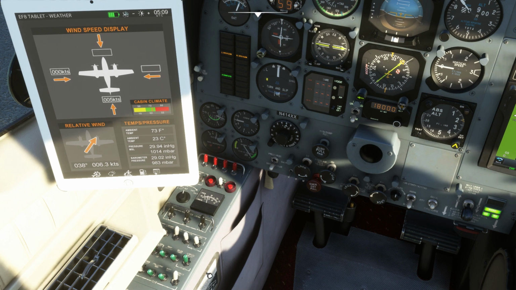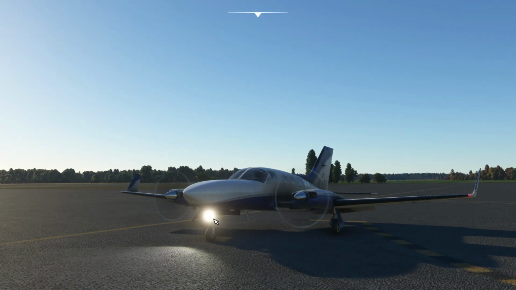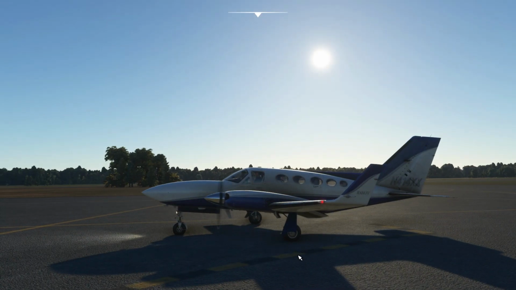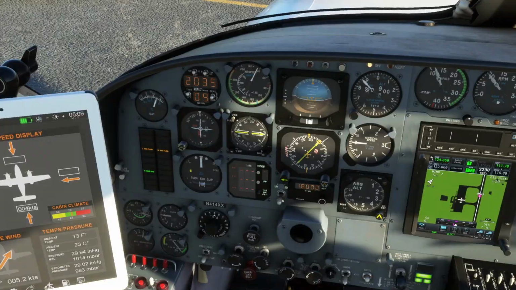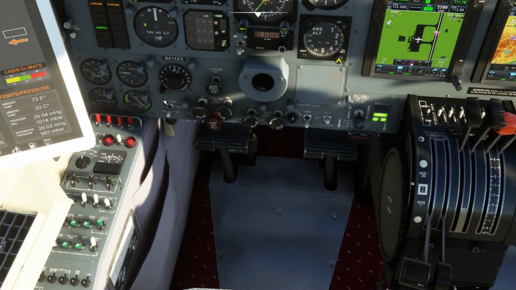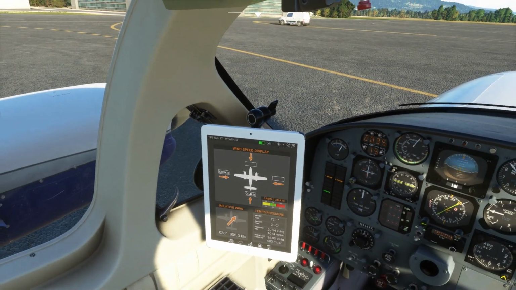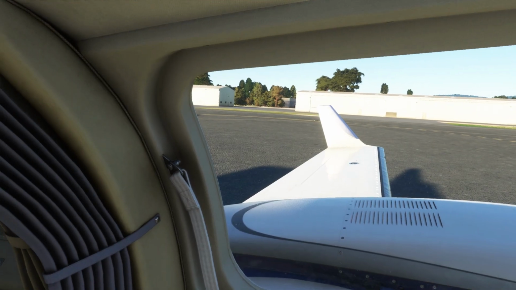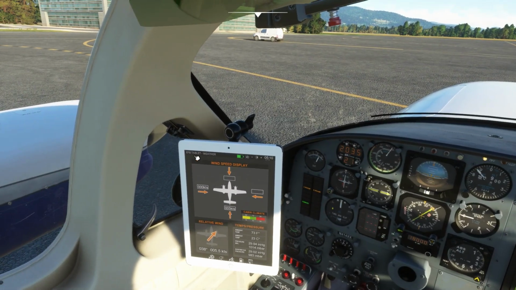Okay, taxi light on, which is a light in the nose wheel. And of course, because we have everything open now, we can put the pressurizer on. We can tell the system that we're gonna need pressurizing after there is no weight on wheels.